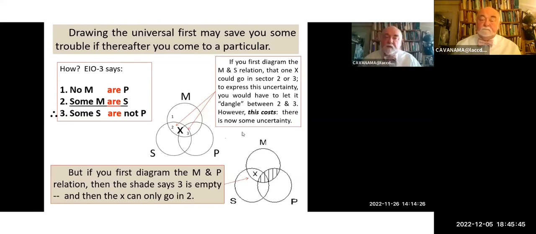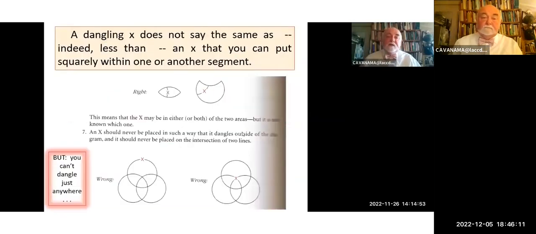So if there's something which is both in the S and the M circle, some M are S, then you know it's not going to go into 3 because there's nothing in 3. It can only go into 2. So therefore you're entitled to put it there. You don't have to make a dangle, and therefore you indicate that you know more. That's a gain, and that's the reason for the rule. It won't always work out that way, but sometimes it will, and when it does, it's an advantage.